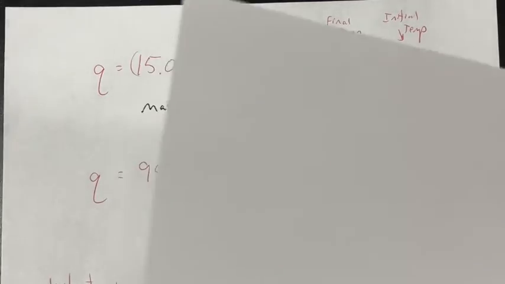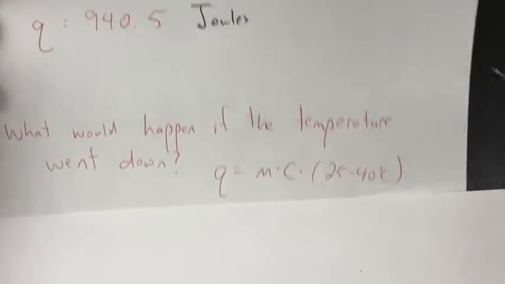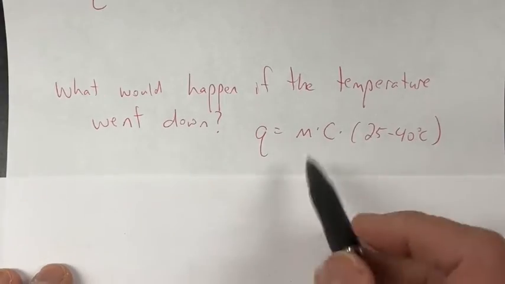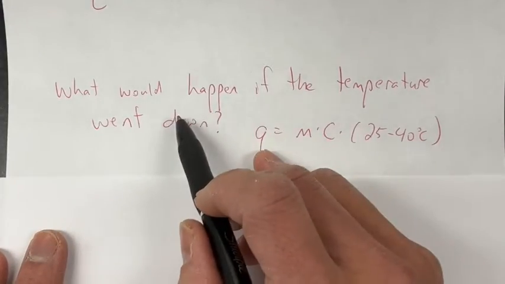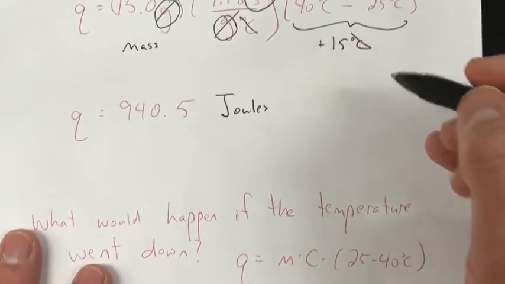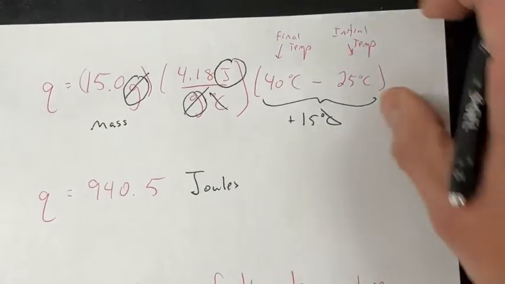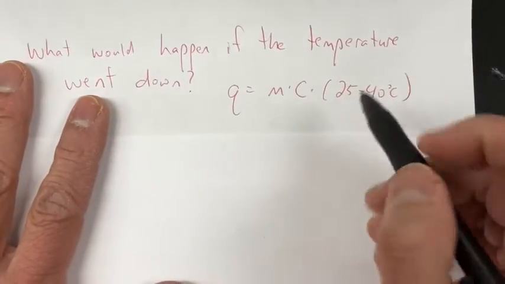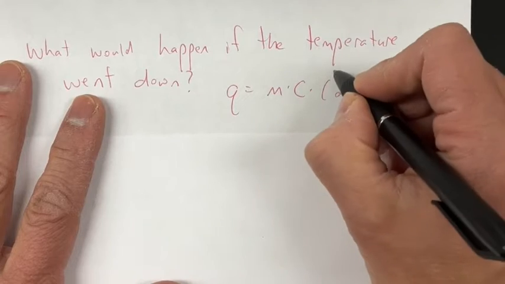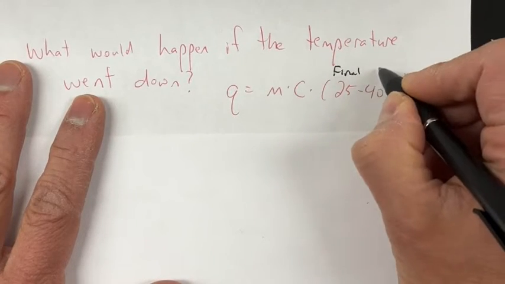What if we have a negative temperature change? Let's say I have the temperature going down. Sorry, it starts at 40 and drops to 25. So this is my final, and this is my initial.